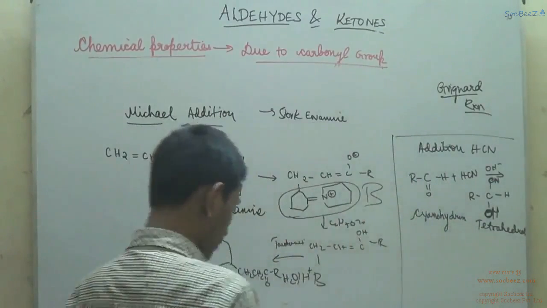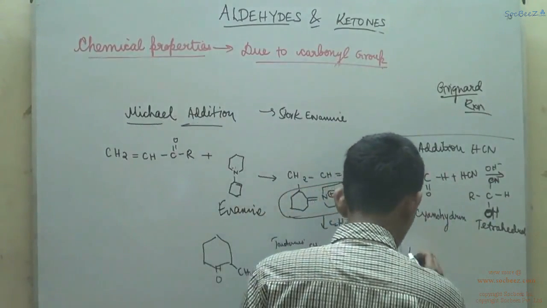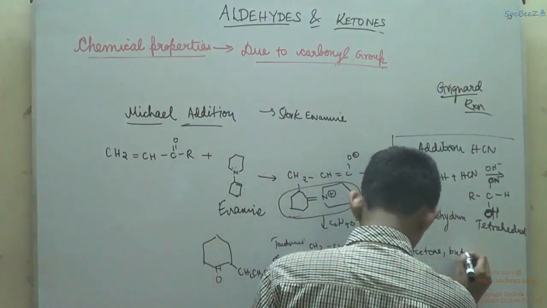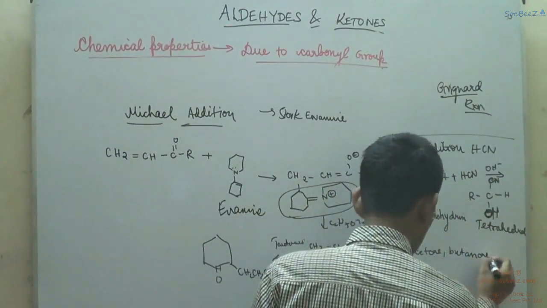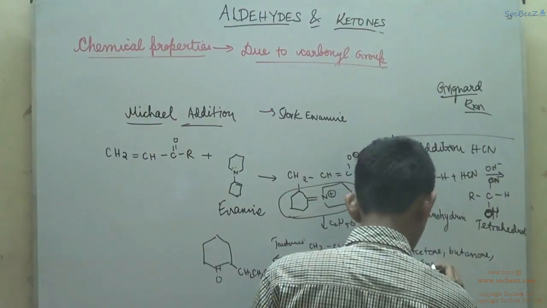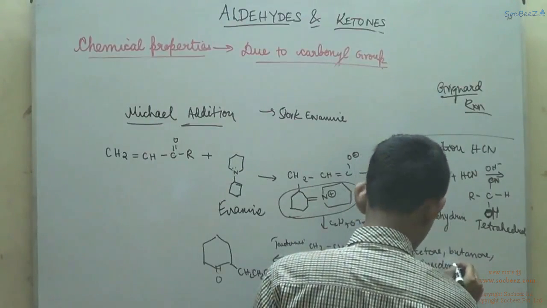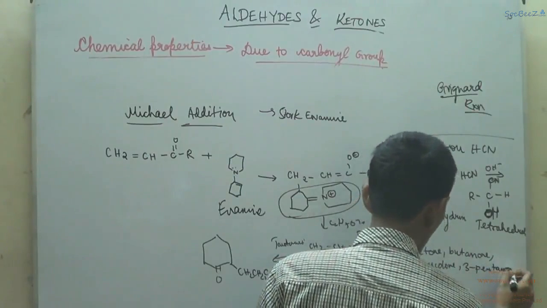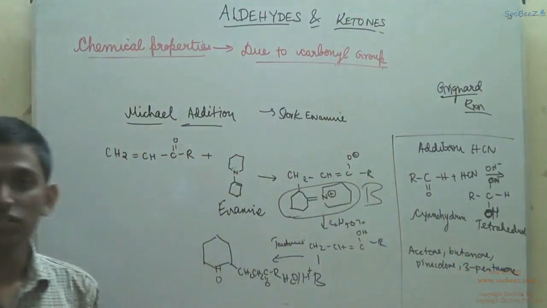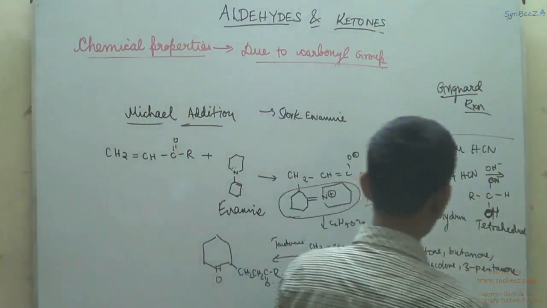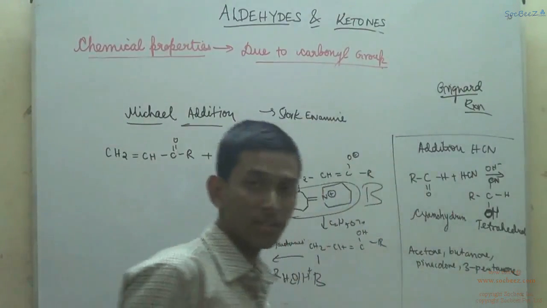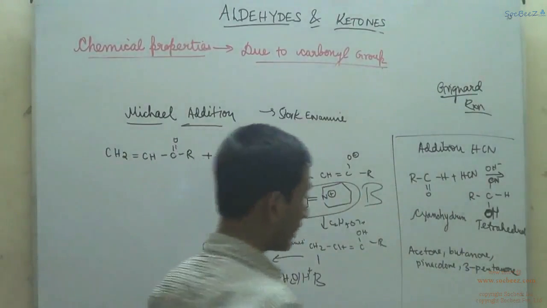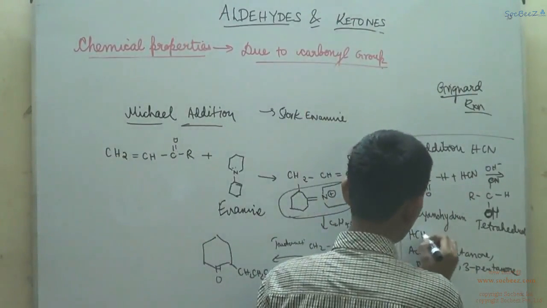All aldehydes will form cyanohydrins. Among ketone only acetone, butanone and pinacolone, as well as 3-pentanone. Only these ketones give rise to cyanohydrin test, whereas all aldehydes will give rise to cyanohydrins except formaldehyde.